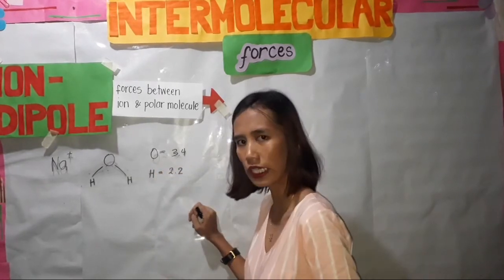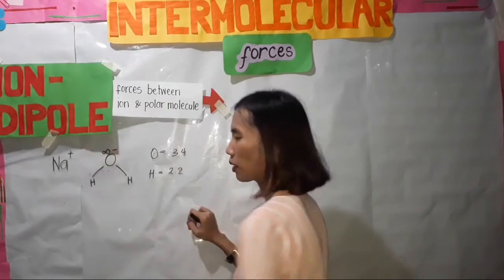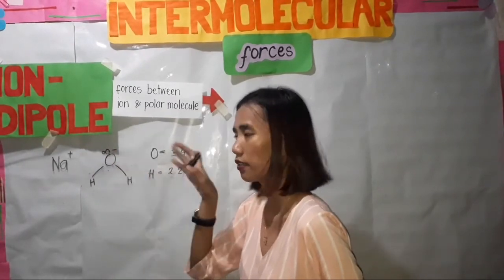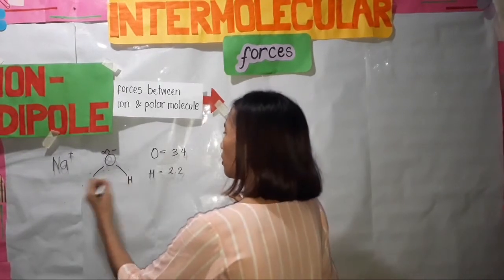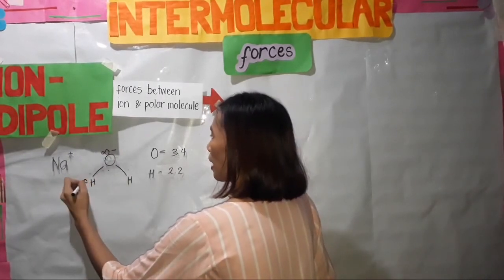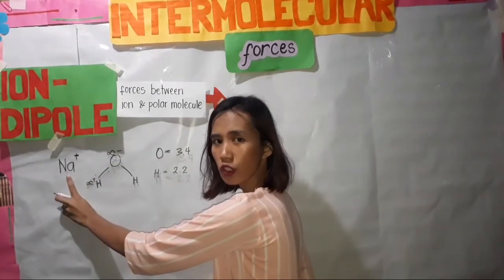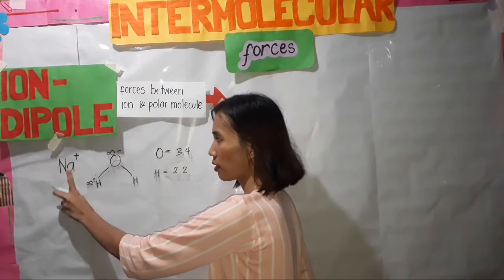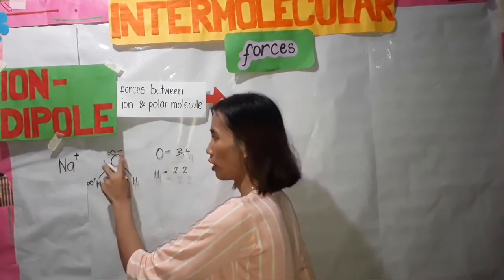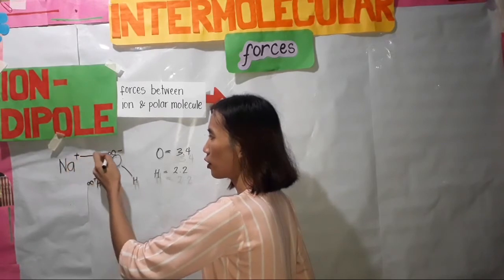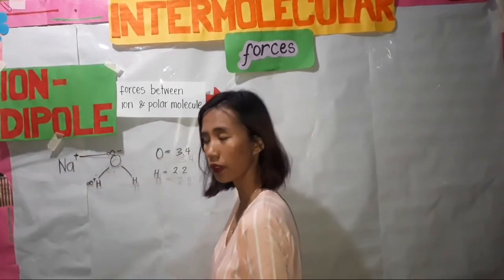So, definitely, the oxygen has a negative charge because it has the higher electronegativity, and hydrogen has a positive charge. The positive charge of sodium is attracted to the negative charge of oxygen, and then the forces will be formed. It's what we call ion-dipole.